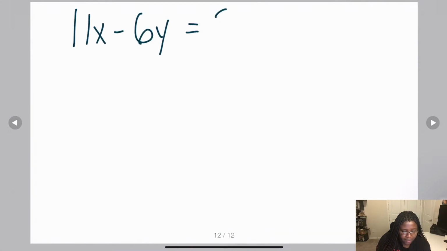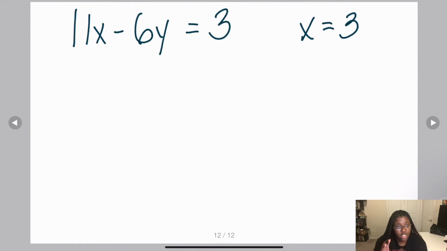I know that my x is equal to +3. I found that out by doing elimination on that first page. And so now I'm just going to do substitution here. Don't forget, elimination always somehow leads back to substitution because you have to put in your x to find your other variable, which is y.